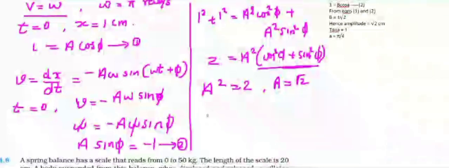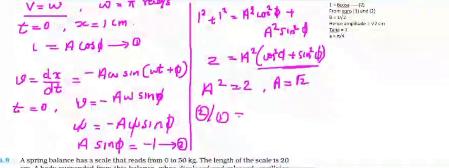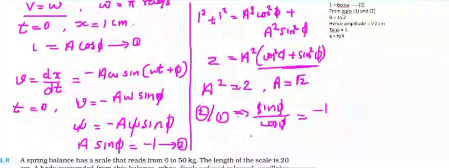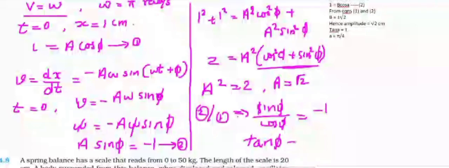Now you can divide equation 2 by equation 1. Dividing 2 by 1, a and a will be cancelled. Sine phi by cos phi is equal to minus 1. Sine phi by cos phi is tan phi. So tan phi is equal to minus 1.